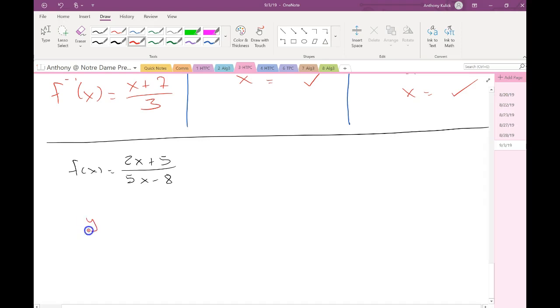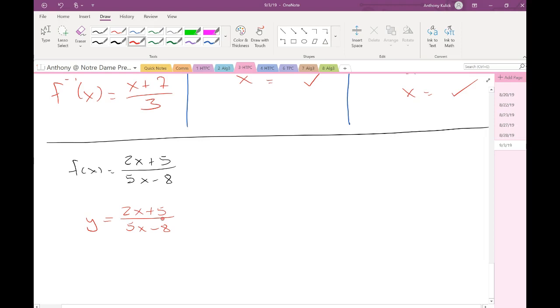So just like before, I'll just start by replacing the f of x with y equals. And then what do you suppose we should do next? Multiply by... Okay, multiply both sides by the denominator.